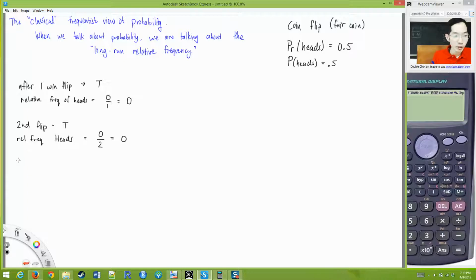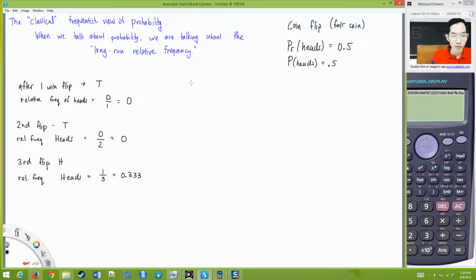Okay? Maybe our third flip is heads, and so now our relative frequency of heads is what? 1 out of 3. So I have 0.33333. Is that okay?